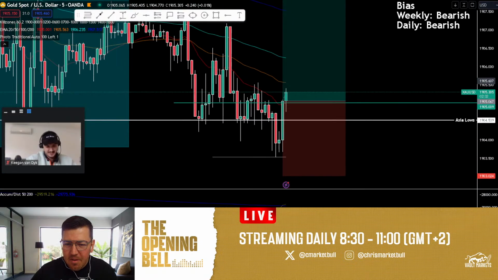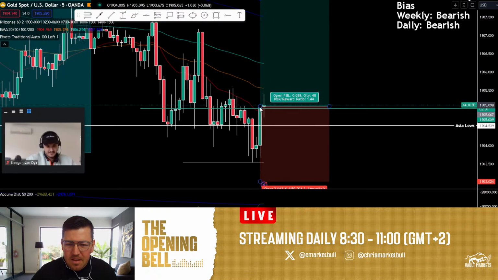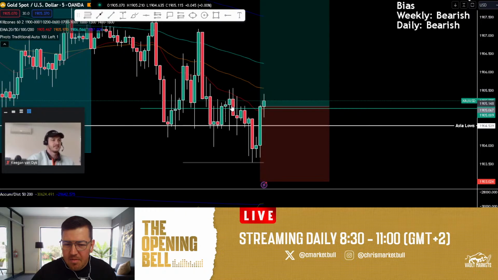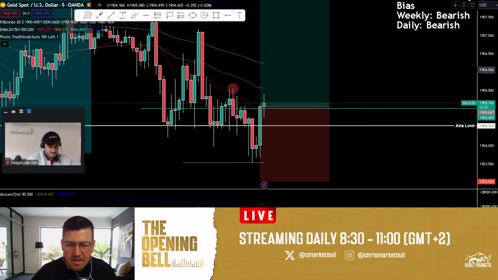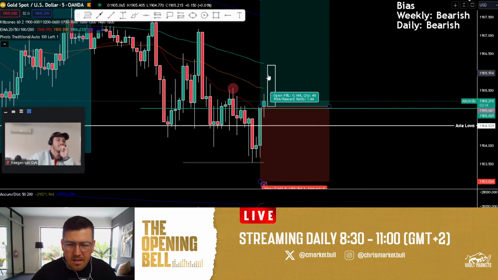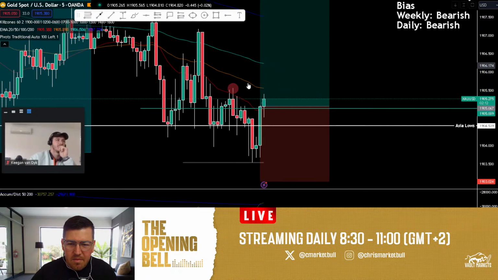But yeah, ideally what I want to see is us clear this level. I don't want to see us actually reject here, because still technically the swing high level is here. So I want to see us on the 5-minute pushing through this. So actually get something like that. Then I'll be very comfortable with this trade.